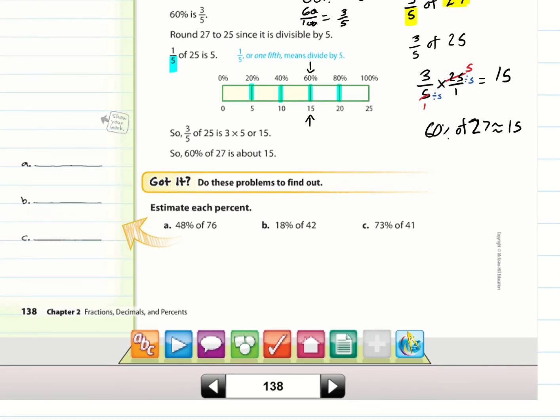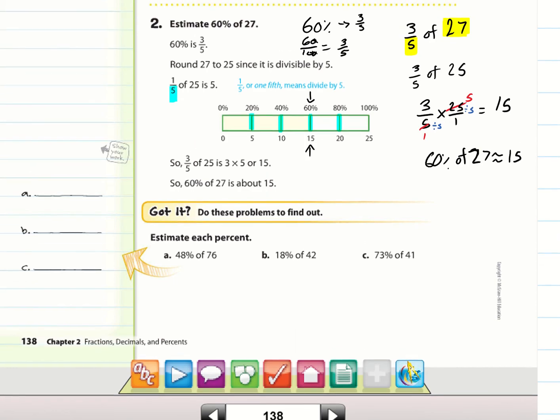So I'm actually going to do A with you guys, and then I'm going to have you guys do B and C. So we have 48% of 76. So we just have to remember we want to use compatible numbers. So 48%, I'm going to round that. That's pretty close to 50%.